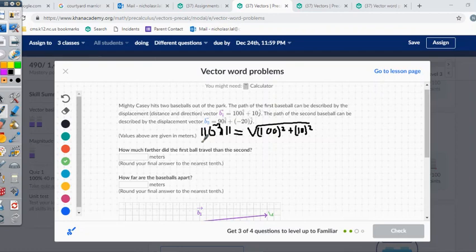And the magnitude of B2 is going to be equal to the square root of 90 squared plus negative 20 squared. So let's find out these values.